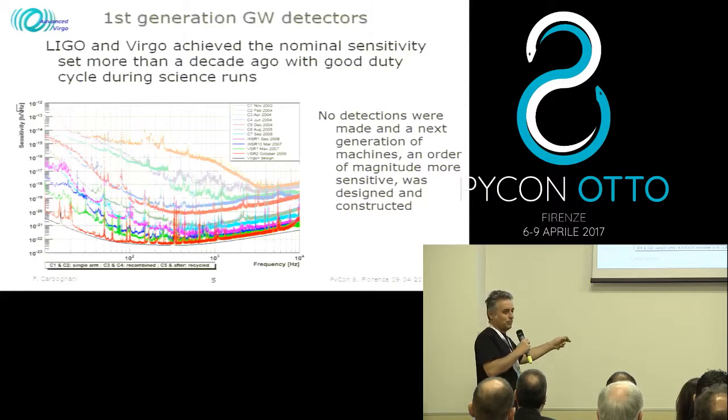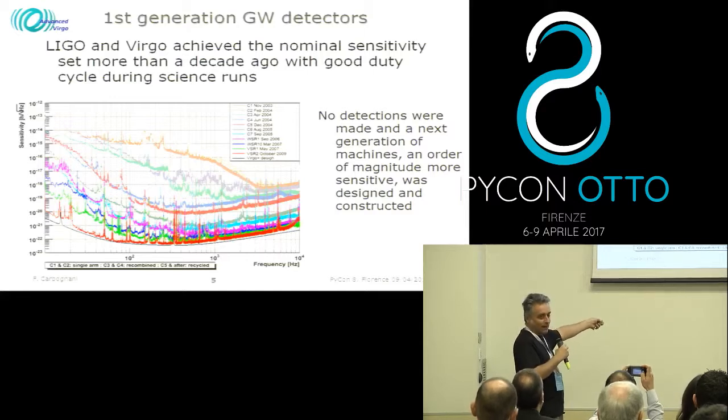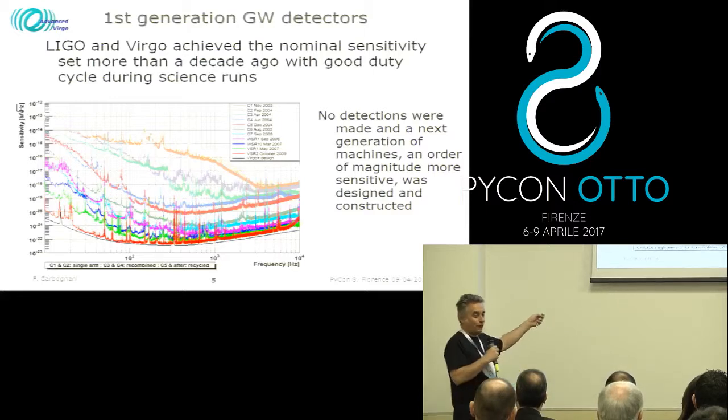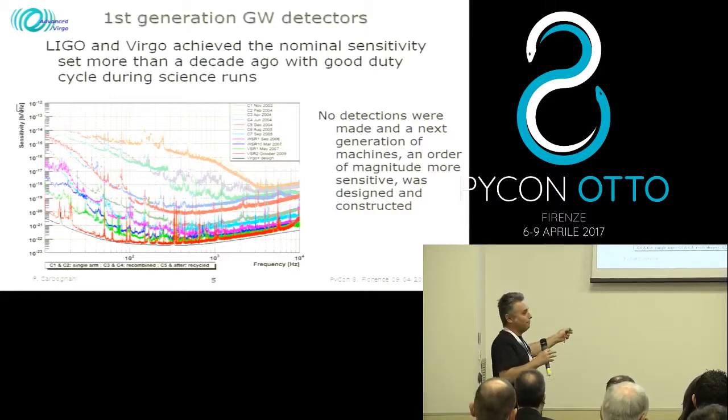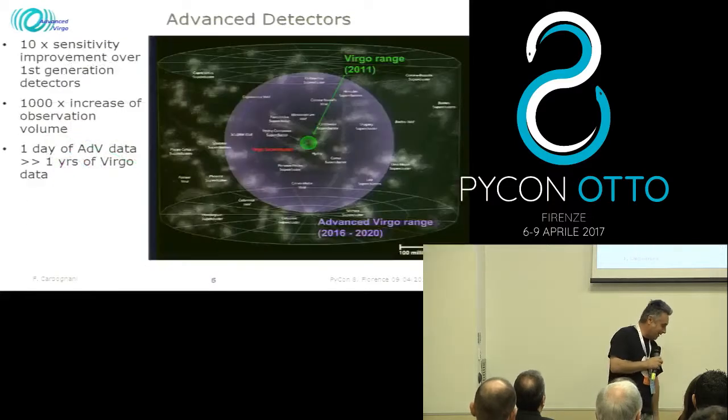Keep those dates in mind and compare them with what we are trying to do now. We are trying to make a second generation machine run, and we are trying to squeeze those 7, 8, 9, 10 years of commissioning into a few months. That's what we are trying to do. Let's see if we can succeed.